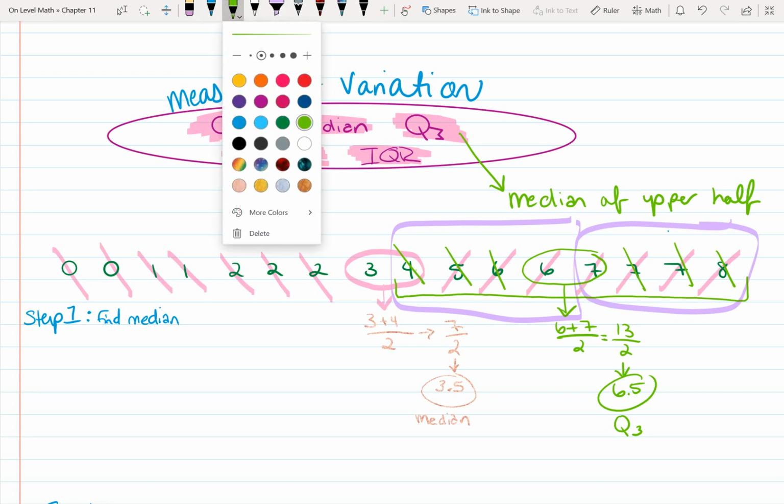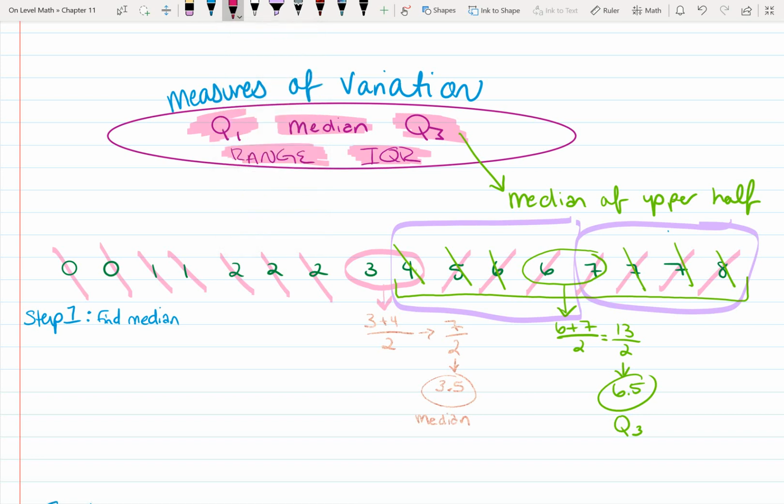Alrighty, so let's use this pink, I guess. Quartile 1. Now, 3 was not part of my median, so I get to use this lower half. I'm finding the lower median. So quartile 1 is the median of the lower half.